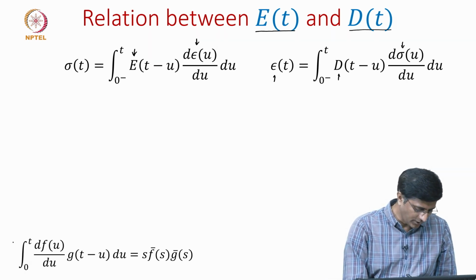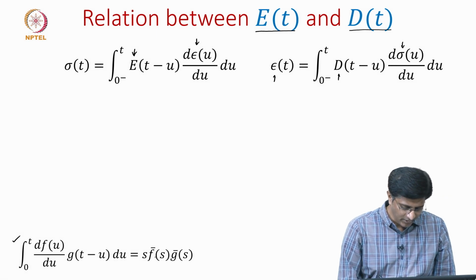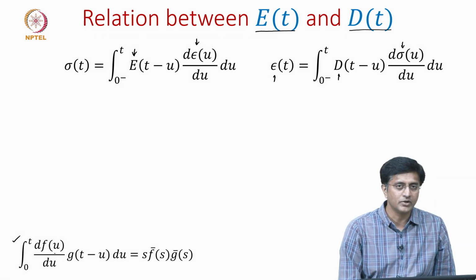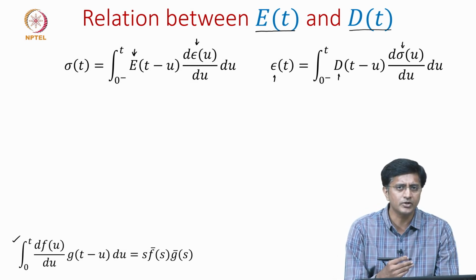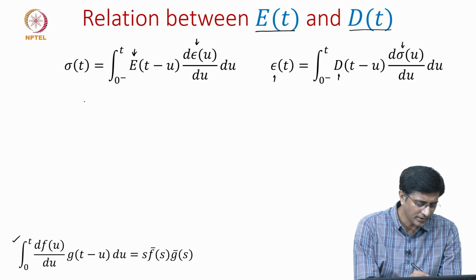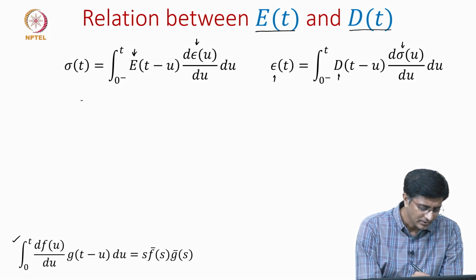So, here I am just recapping what we have seen in the previous slide, the convolution integral for the first derivative of a function times another function g. With this knowledge, we should be able to rewrite this Boltzmann integral by taking Laplace on both sides.